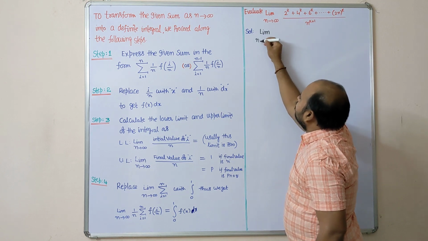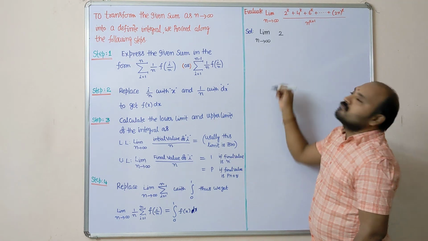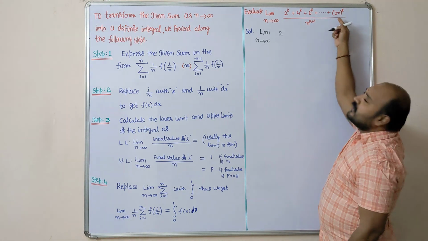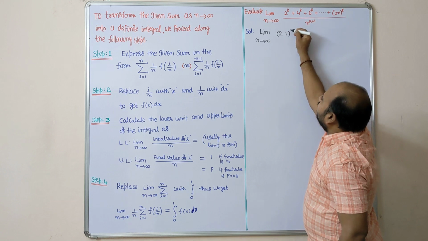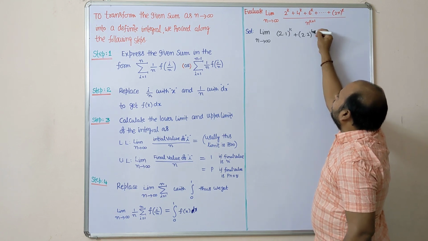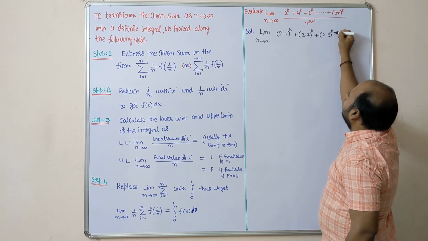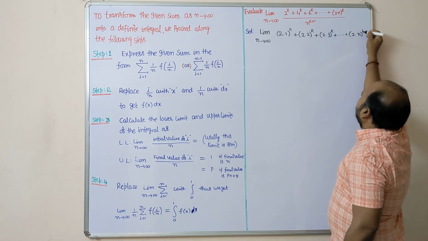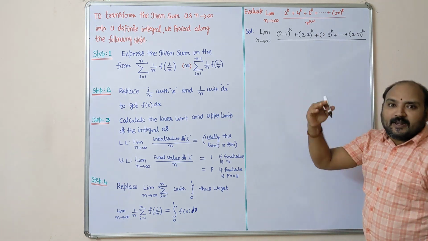Limit n tends to infinity, 2 power k. Here all are even numbers now. Here 2n means 2 into n. 2 can be written as 2 into 1 whole power k, plus 4 can be written as 2 into 2 whole power k, 6 can be written as 2 into 3 whole power k, plus and so on, 2 into n whole power k, divided by, in the denominator, n power k plus 1.